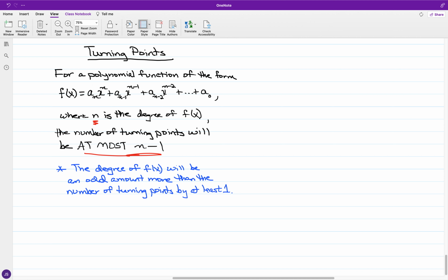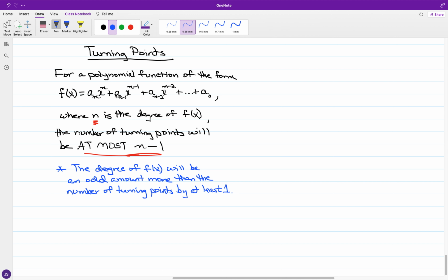In other words, if the leading term were 4x cubed, 4 would be the a sub n, and x to the n would be x to the third. It's just general notation, like f of x equals, let's say, 5x to the fifth plus 7x to the fourth plus 3x cubed, and that a naught is just a standalone number without the x alongside it.